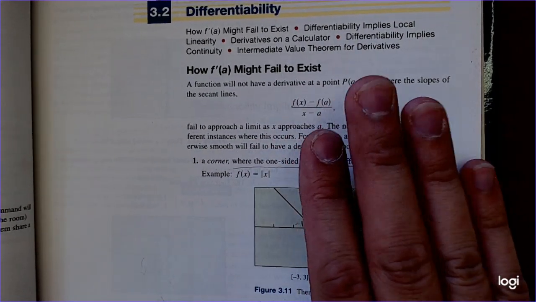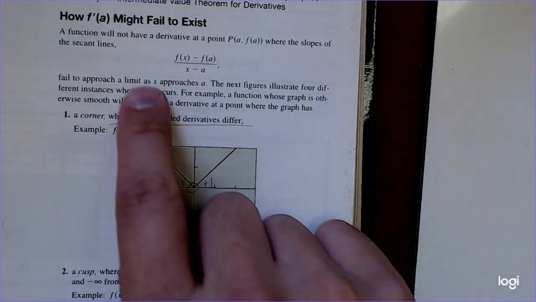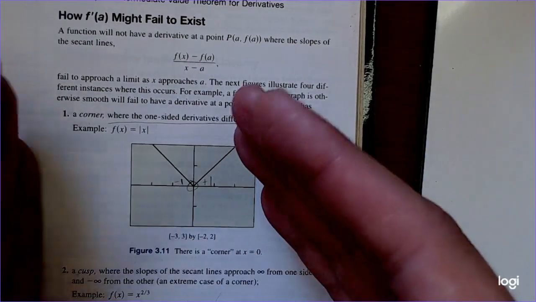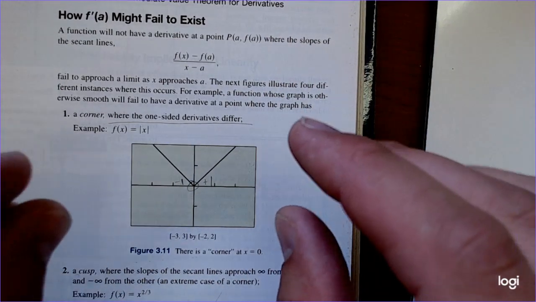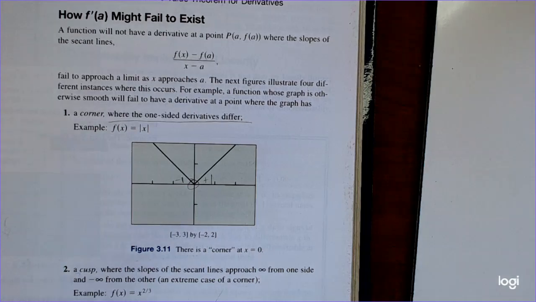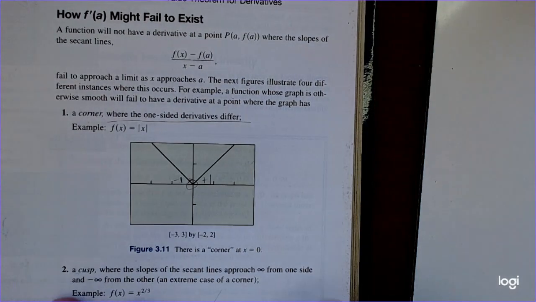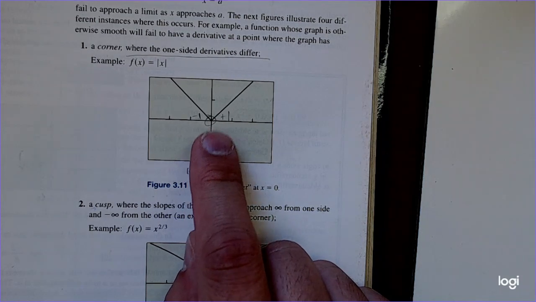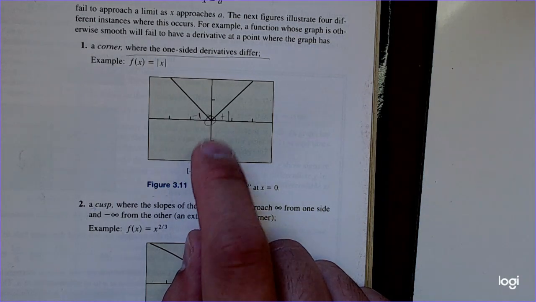This is using the secant definition, where we add an infinitesimal amount and subtract an infinitesimal amount on either side of the point. Using this definition, if we run across a corner, where the one-sided derivatives differ, the derivative would fail to exist.